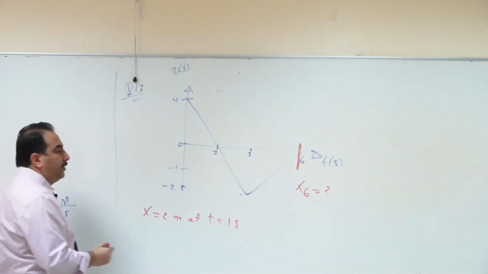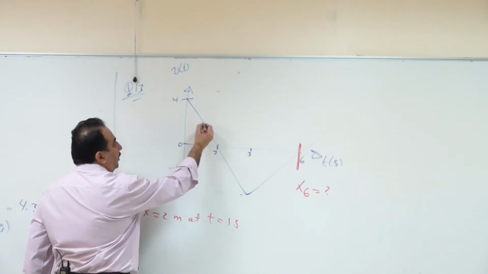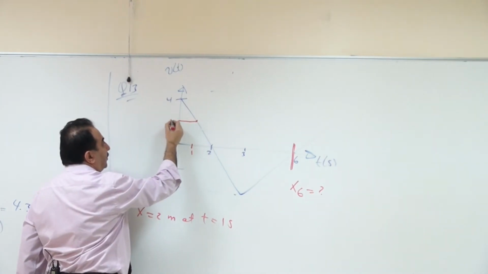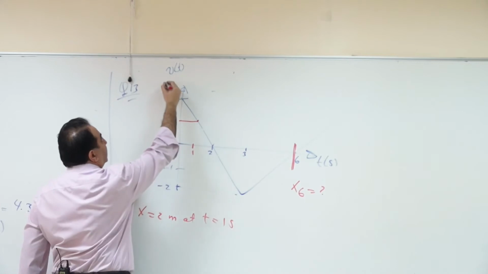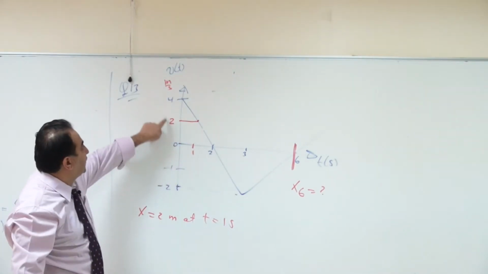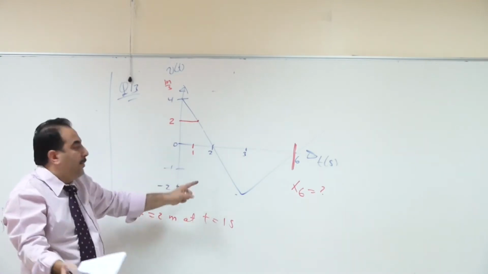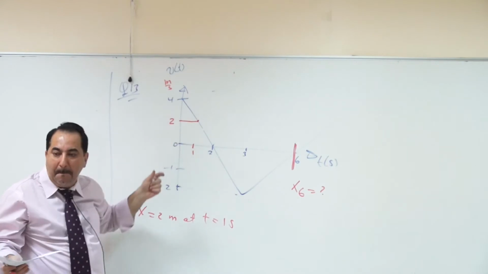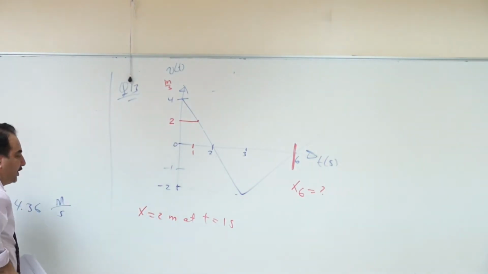So where is 1 second? 1 second is here, which means this point. And on the scale, you find this point is equivalent to, but be careful, this is not the position. This is the velocity, but it just happens to be the same value. The position and the velocity are the same, yeah? Just by coincidence.